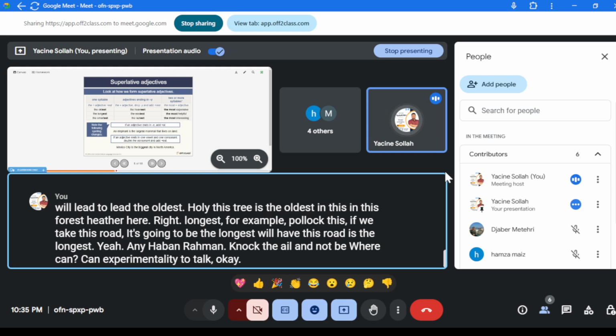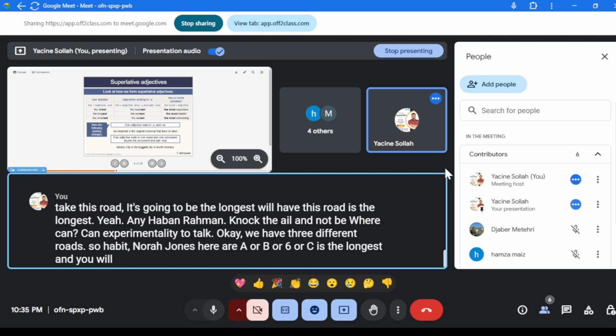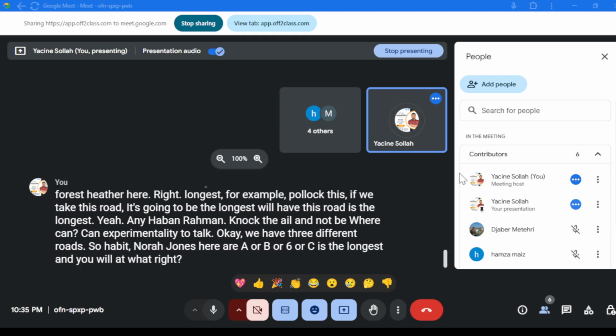Okay, we have 3 different roads. So إلا حبيت نروح نخير A ولا A or B or C. So C is the longest، يعني هو الأطول. Right. ماهوش أطول من، بصح the longest، الأطول. هذه الإكيفالون تاعها في اللغة العربية الأطول.